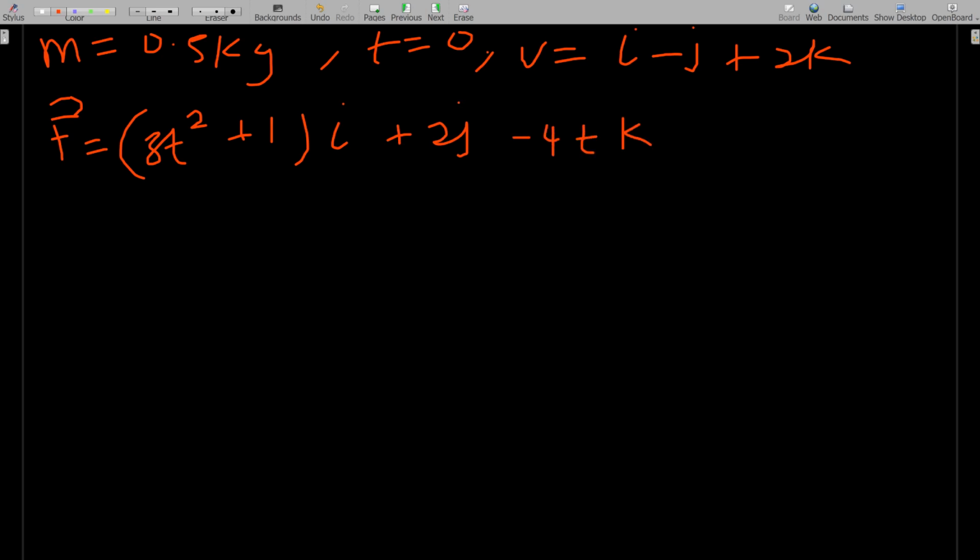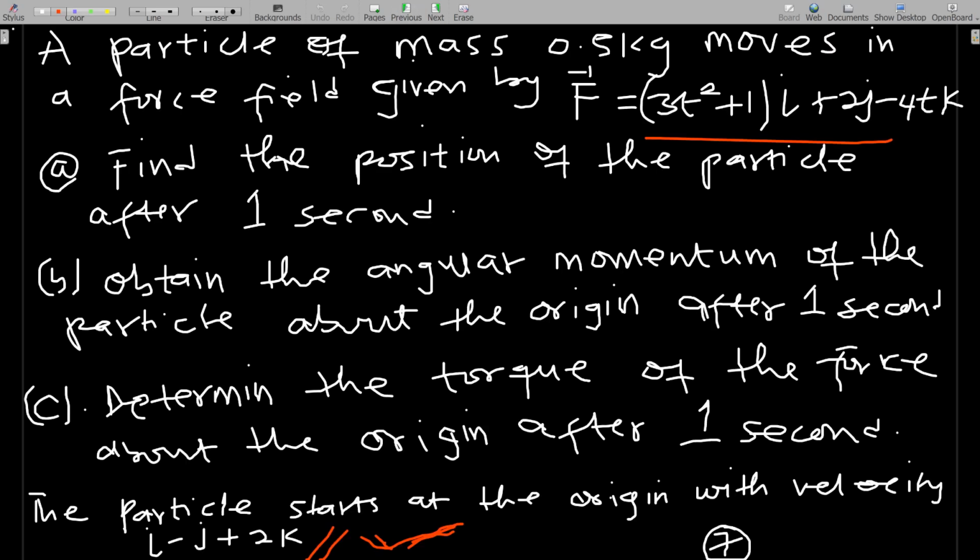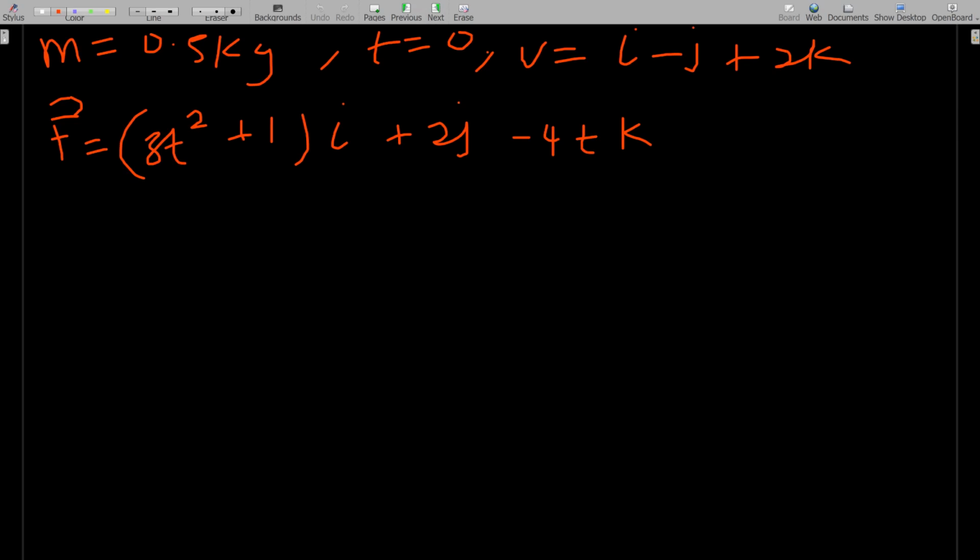So what will happen here is that you're supposed to first find the position of the particle. The position r is equal to the integral of v dt. Now we don't know v yet, so we should find velocity first. We know how to use acceleration to find velocity.